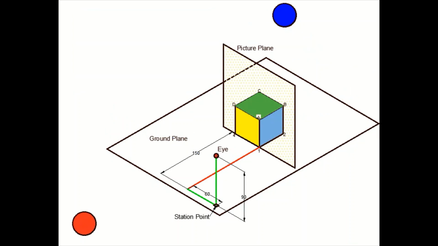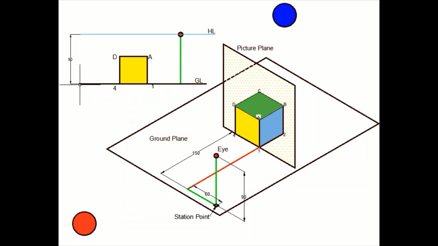So it can be summed up that the view from this location will be looking like this. This line is the ground line, the ground plane line. This line represents the horizontal plane. The two lines are separated by a distance of 90 mm. This is the observer, and this is the face of the object AD41, the yellow colored face.